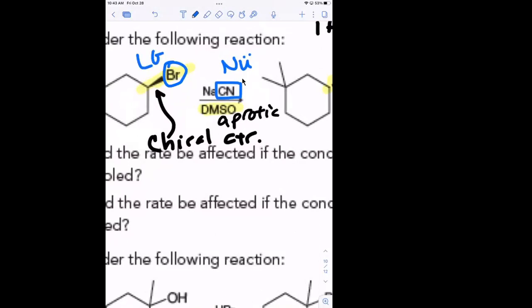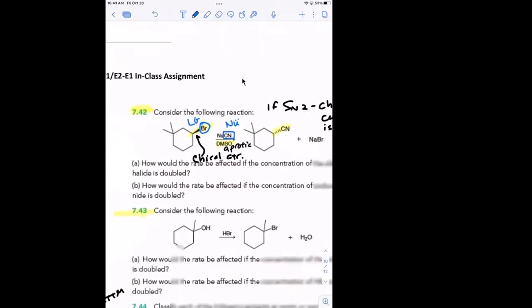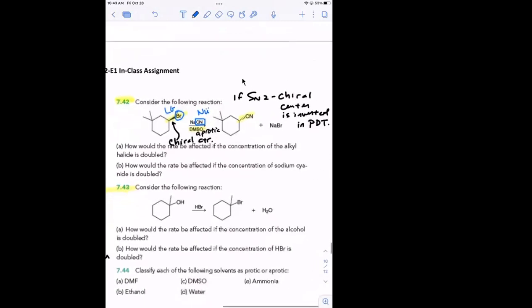All right, so let's look at the questions. How would the rate be affected if we double the concentration of the alkyl halide, which is the substrate? What do you need to know in order to answer that question? The rate law.